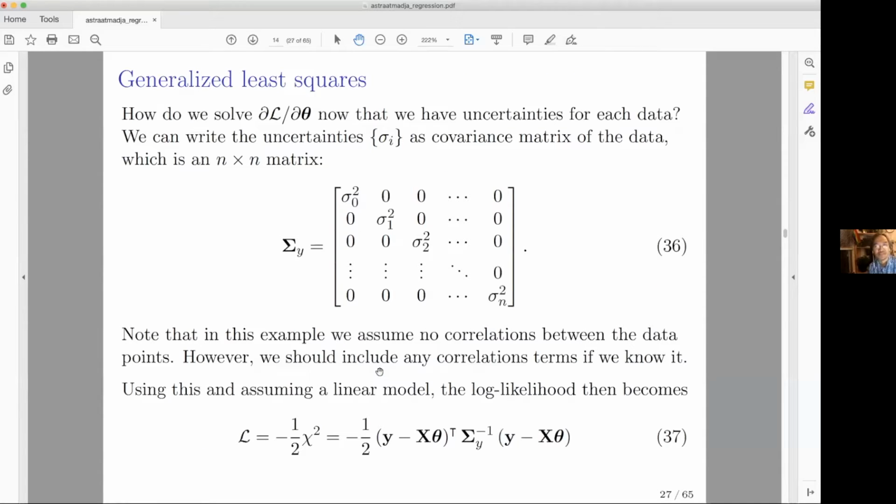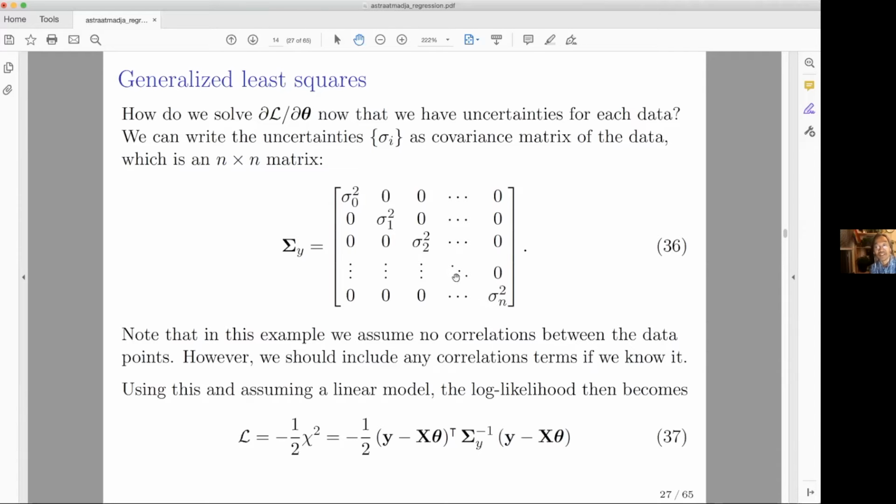Right. So how do we write that in terms of matrix? We can just write the covariance matrix for the whole data. If we have n data, this is n by n, so it can be quite large. But if the uncertainties of each data point are uncorrelated, then this matrix, although very large, consists only of diagonals, which is the variance here.